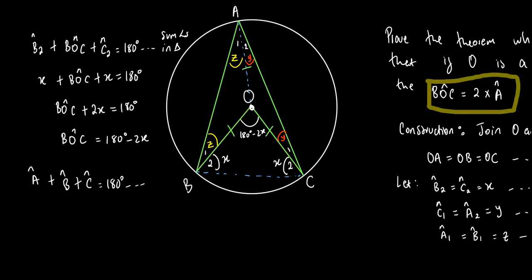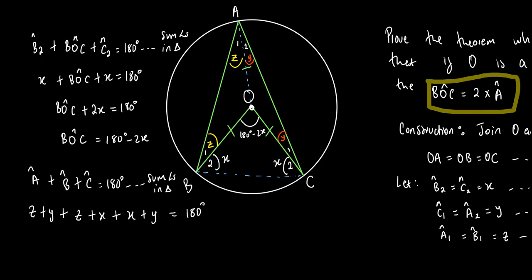Still, you are using sum of angles in a triangle. Now, angle A, if we check, it's z plus y. So you're going to write z plus y. And then angle B, it's z plus x. So you're going to write z plus x. And then angle C, it's x plus y. You're going to write x plus y equals 180.